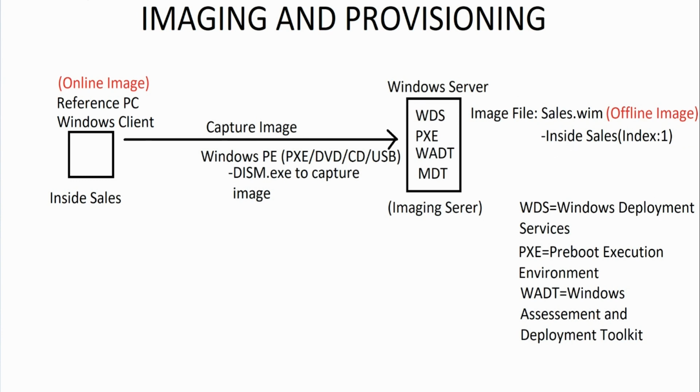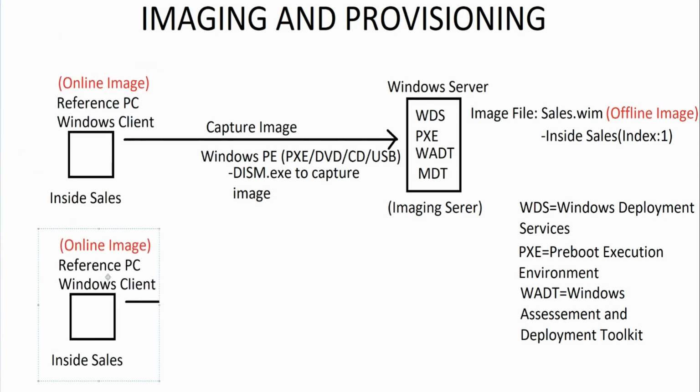Well, check this out. Where you get into a situation like this, where we have another reference computer, but instead of this being inside sales, this reference computer is configured slightly different, and this will be called outside sales.